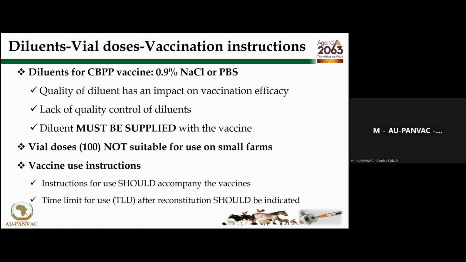I think this is something we should advocate: that manufacturers supplying the vaccine should accompany it with all the instructions on how to reconstitute and use it, and also indicate the limit of using the vaccine after reconstitution. People should know that, after reconstitution, the vaccine should be used within a maximum of 1, 2, 3, 4 hours.